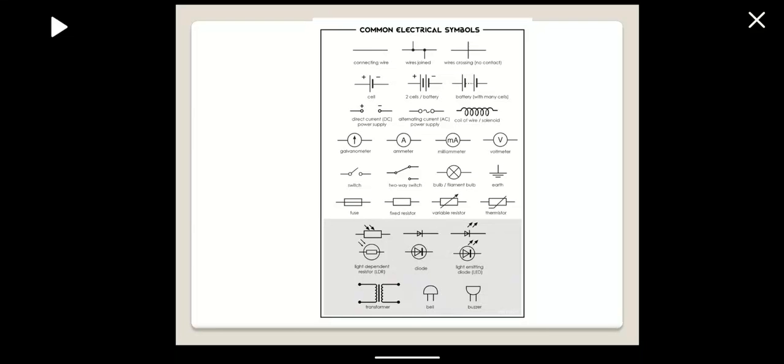So the first symbol is connecting wire, then joints, then cross joint, cross wire, then cell, batteries, then DC supply, AC supply, coil, then fuse, fixed resistance, variable resistance, thermistor. So these are the symbols which are used to draw the electrical plan.